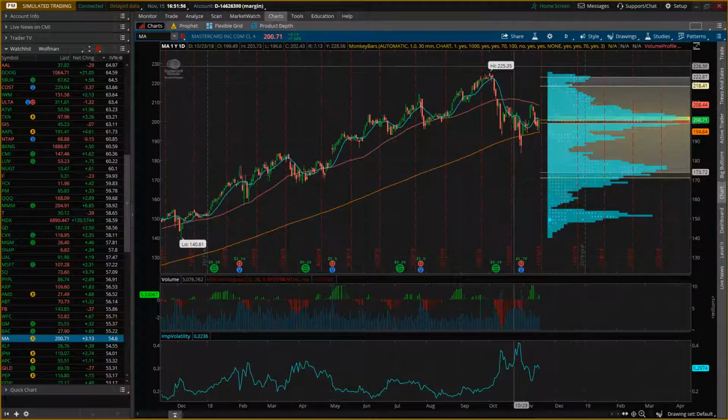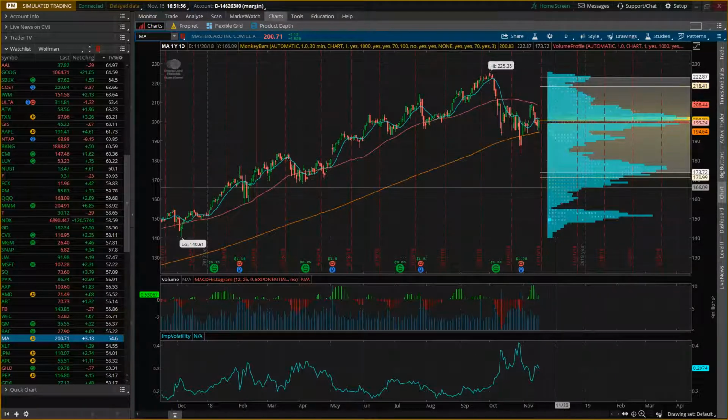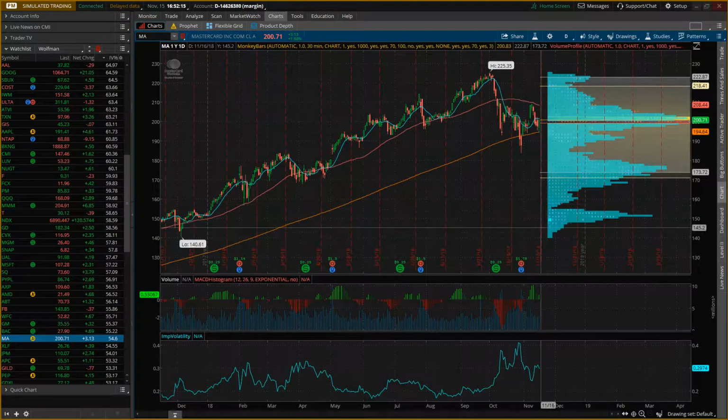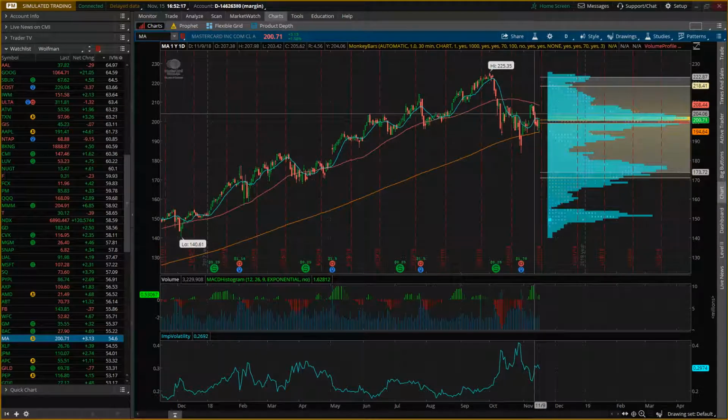That's usually where I start to look at things being overbought and oversold, when they land outside of this. Right here at the point of control, things are not overbought or oversold. They are right where we would expect them. That's where the most time and volume has been spent. But once it gets overdone to one extreme or the other, that's where I like to take advantage of it.